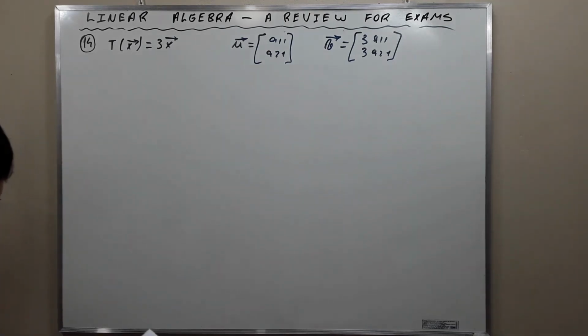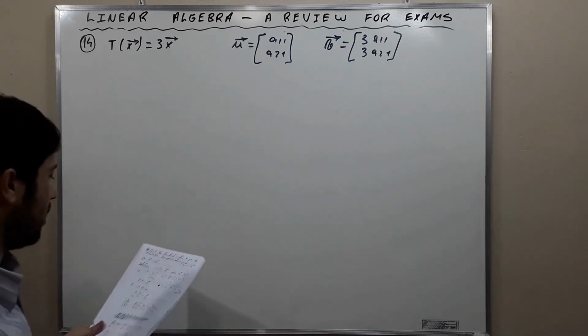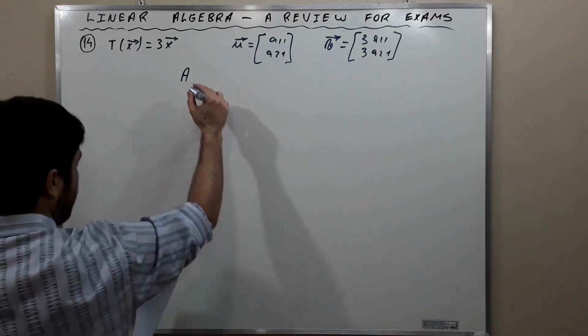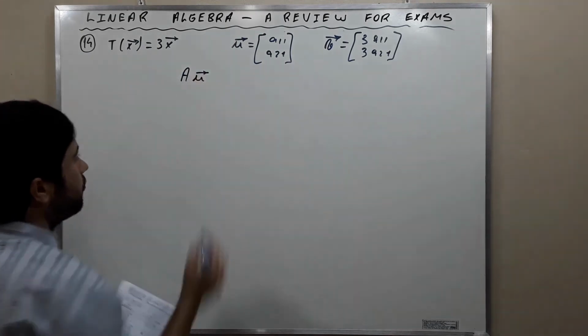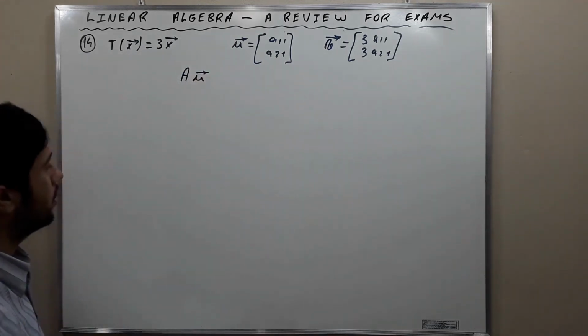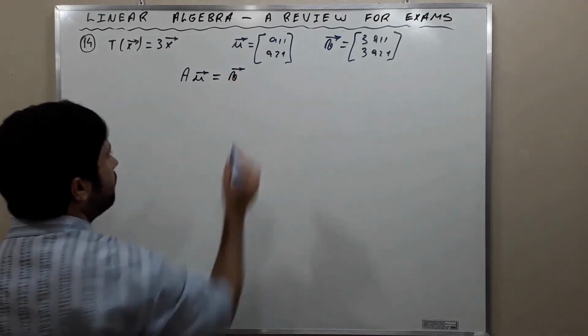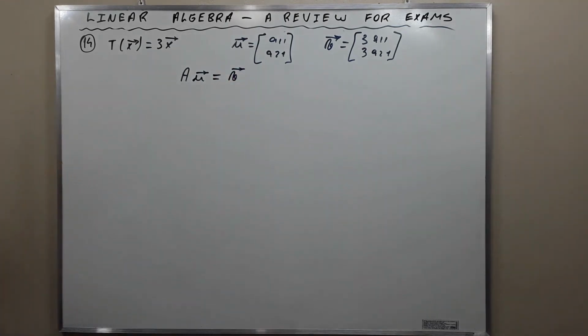Alright, so we need a matrix that will represent the transformation on u, and will produce vector v, which is a scaled up version of vector u.